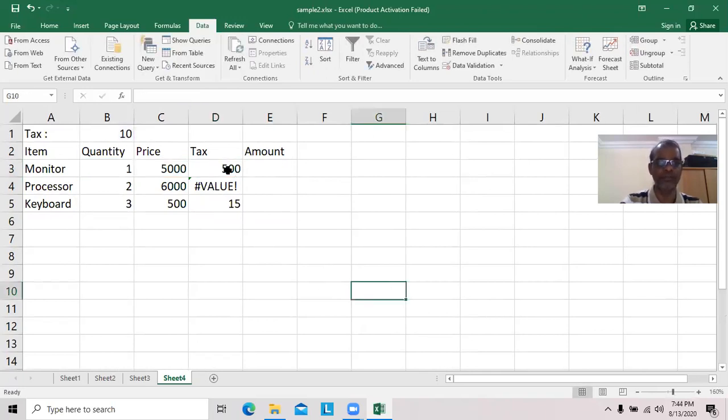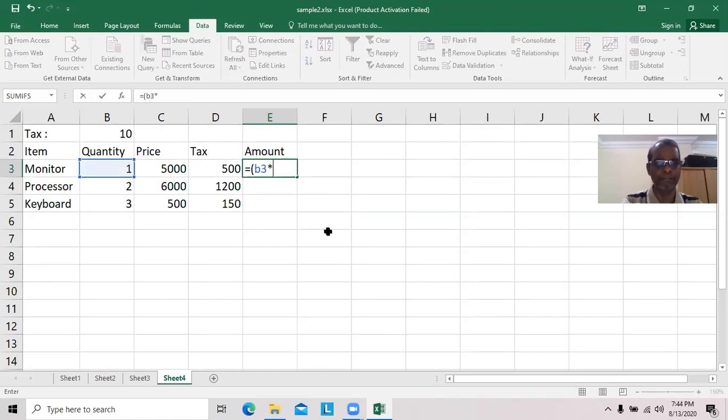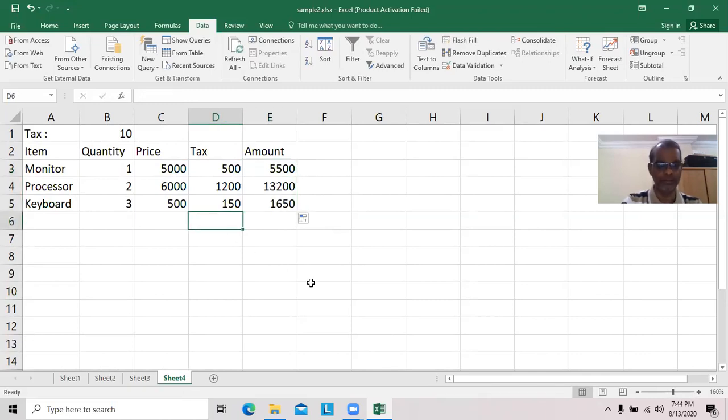Now we will see. That's good. Now the amount for the monitor, that is quantity multiplied by price plus tax amount, equals B3 multiplied by C3 plus D3. Here I need the total.